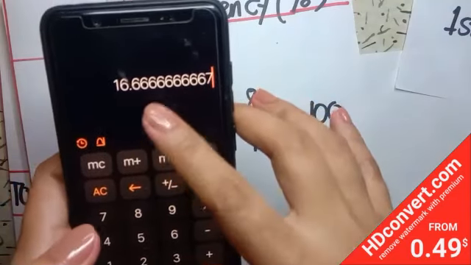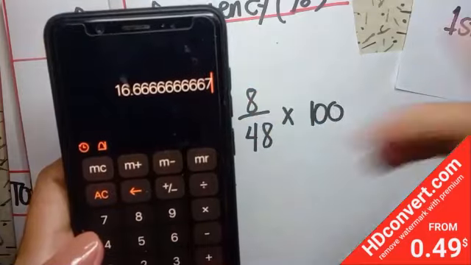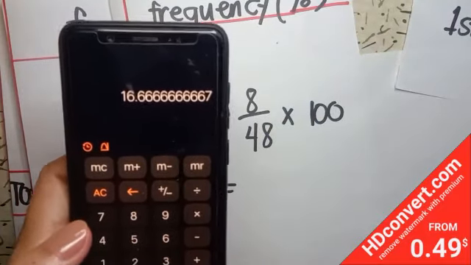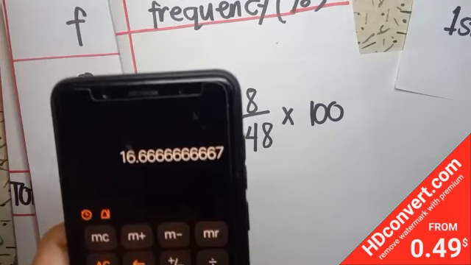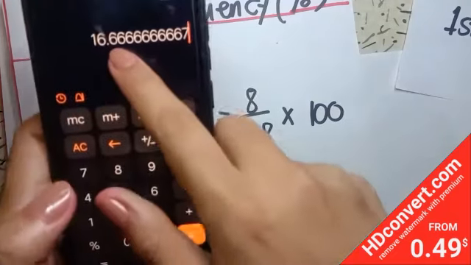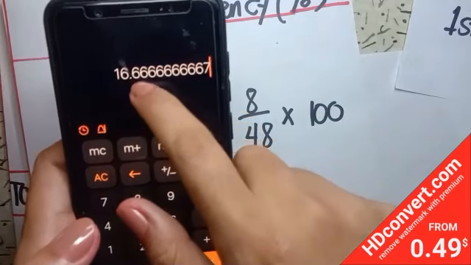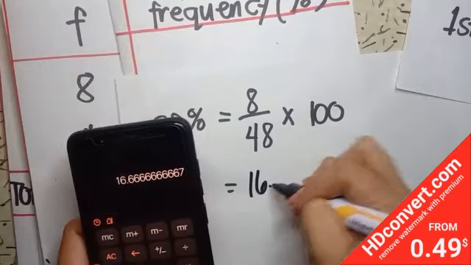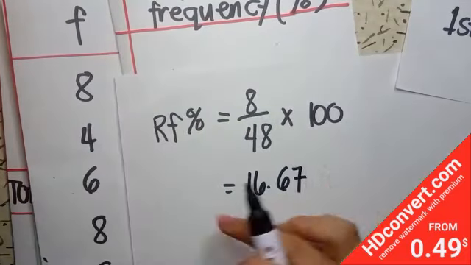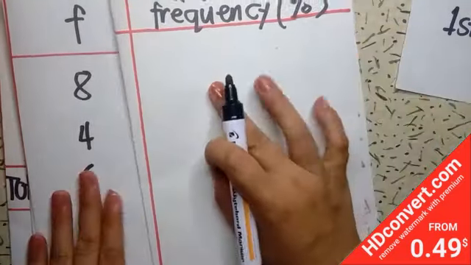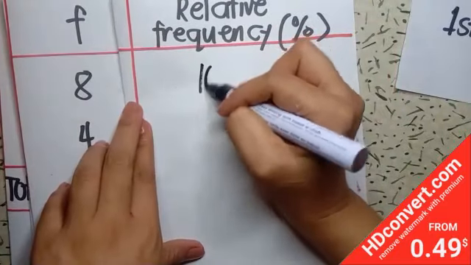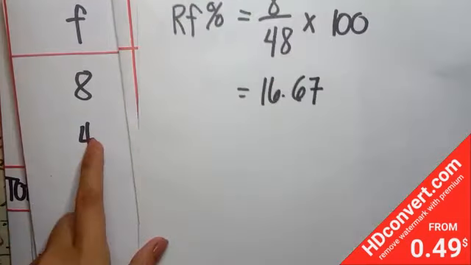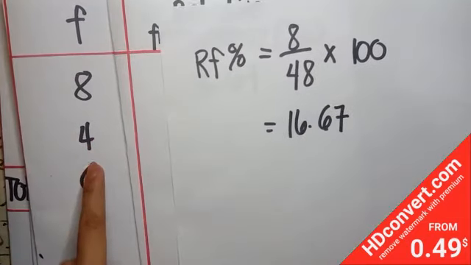What we got is 16.666666 up to 7. But you only need 2 decimal places, and at the same time you need to round off. So, we have 16.67. You put 16.67 in the first. Next, we will use 4.